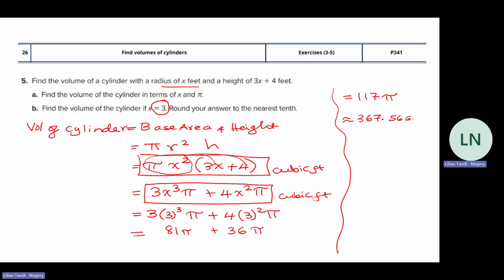Like that. Then we want to the nearest tenth. We're gonna add 1 here, and our answer is 367 6/10 cubic feet. Cubic feet. And we box our answer. Okay.